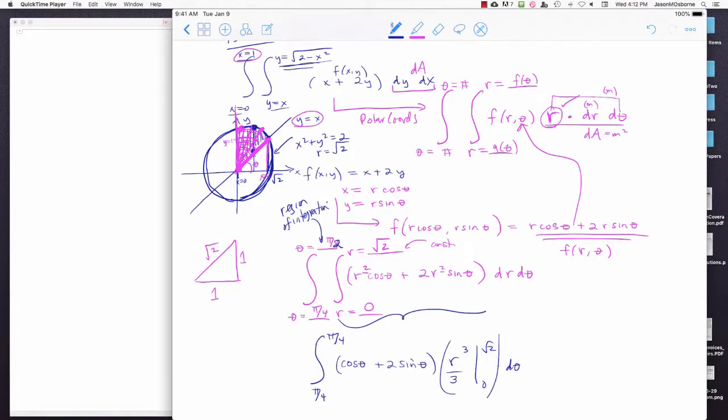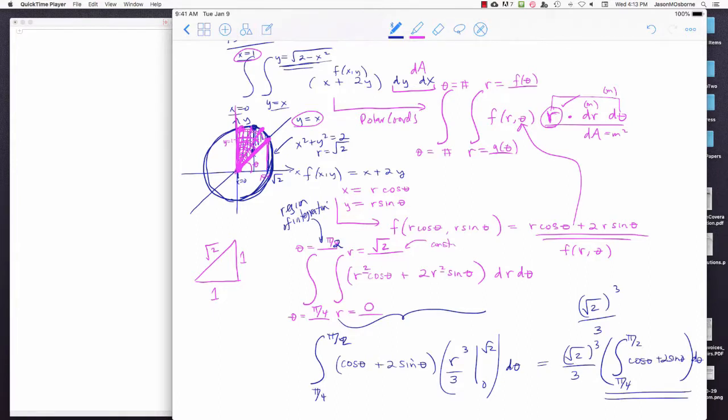That's the square root of 2 cubed over 3. So we get the square root of 2 cubed over 3, and then we have to do the integral from pi over 4 up to pi over 2 of cosine of theta plus 2 sine of theta d theta.